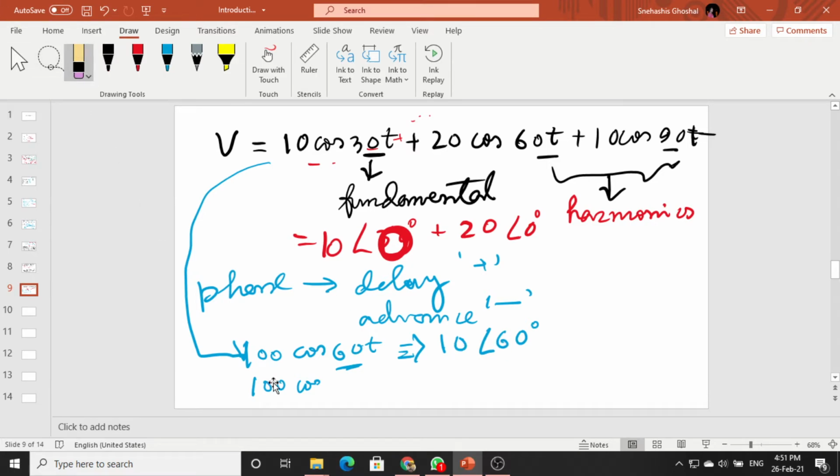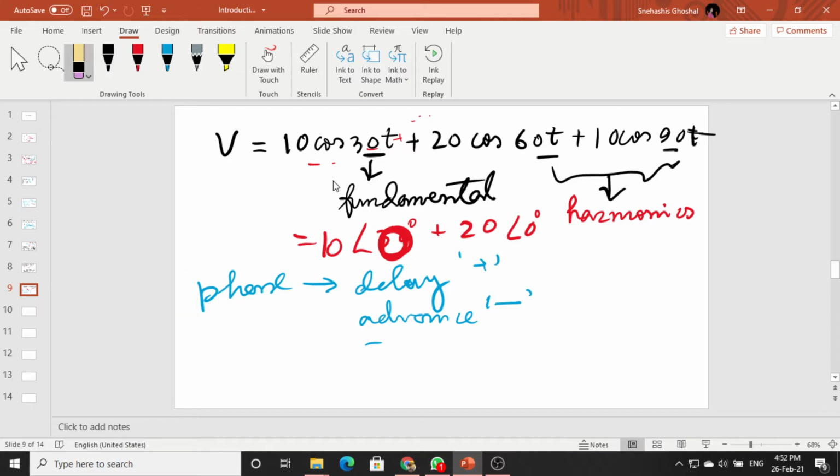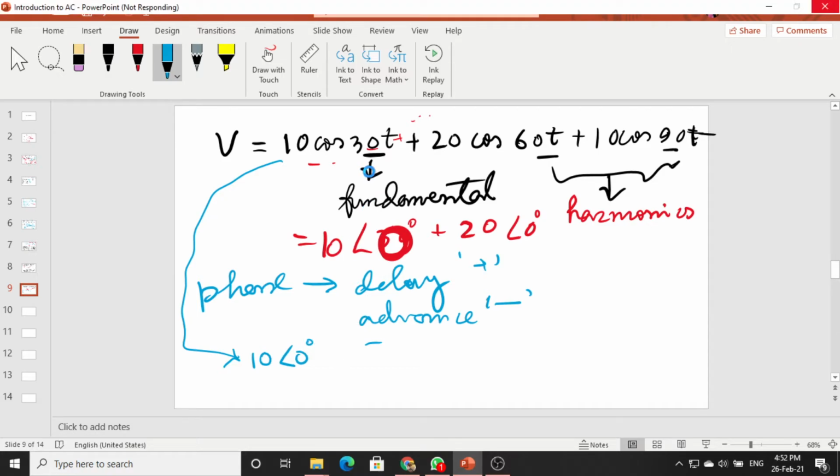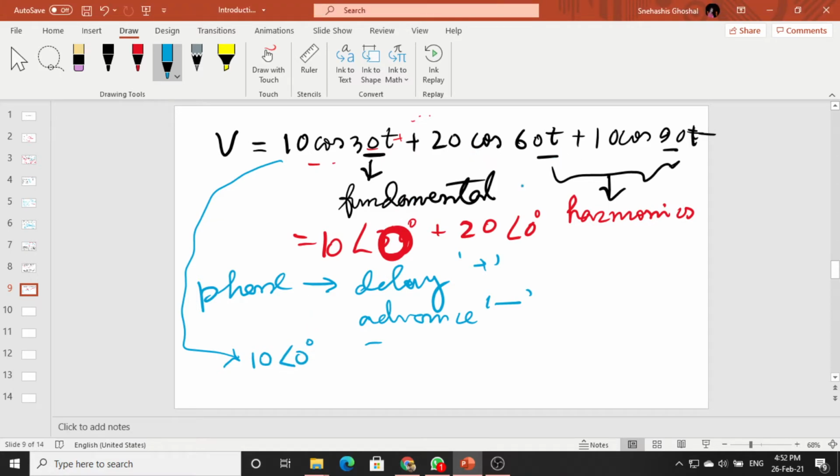Here you can see that, let's use this signal. I am assuming that I should represent the fundamental in phasor form, so it will be 10 angle 0 degrees. But whenever in a complex signal I have already represented the fundamental in phasor form, I cannot represent the other harmonic components in phasor form.